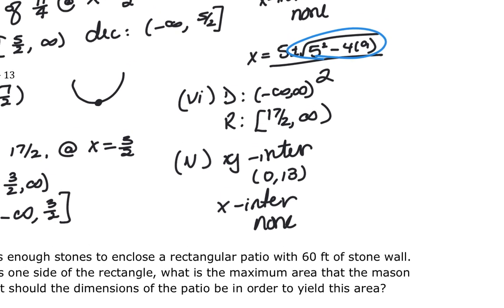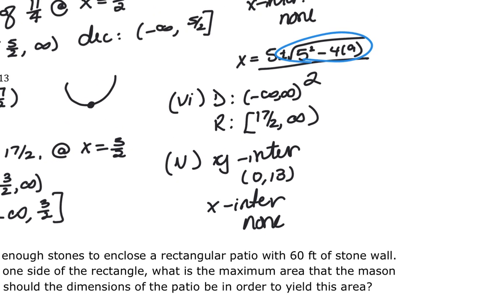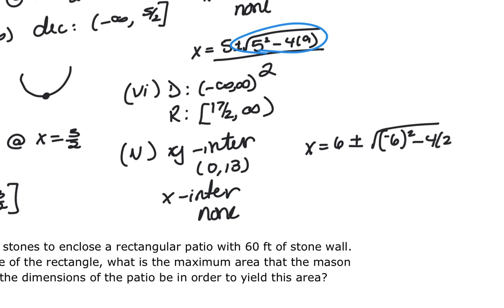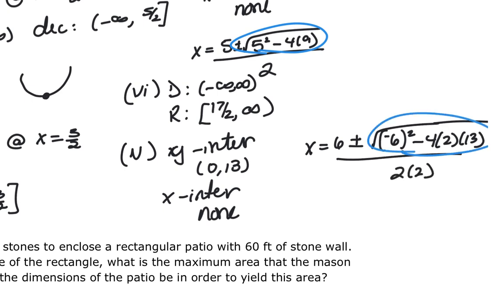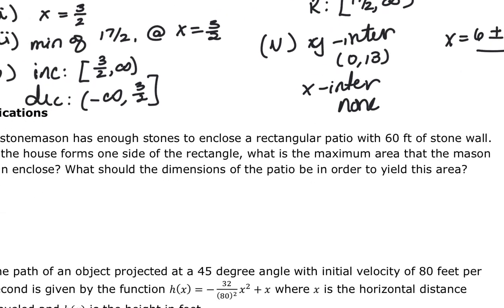Because when I throw this in the quadratic formula, I'm going to have x is equal to 6, because it's negative b, so negative 6, plus or minus the square root of negative 6 squared, or in other words, I could have just written positive 6 squared, minus 4 multiplied by 2 multiplied by 13, all over 2 multiplied by 2. This is negative, so the solution will be complex. That means I have no x-intercepts.